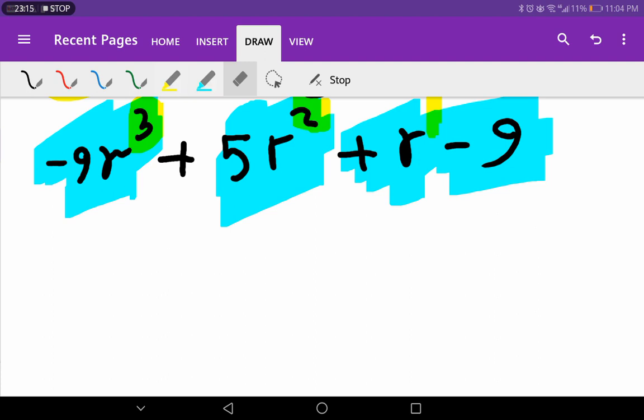Polynomial. Okay, the specific name for 4 terms is not mentioned in your book. Okay, my dear students? But if I have like this, it will be a trinomial. Now, good. Now, if I ask you about the degree of this polynomial, the degree of this polynomial is 3.